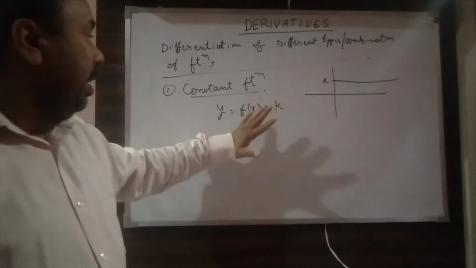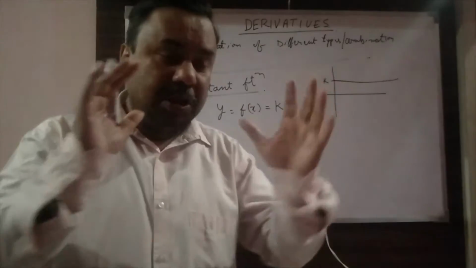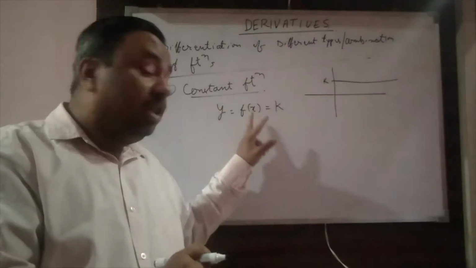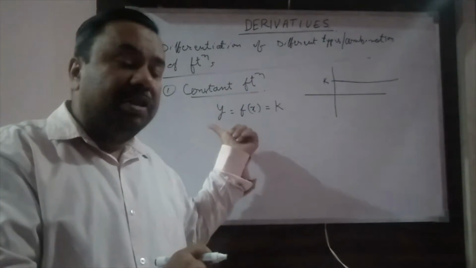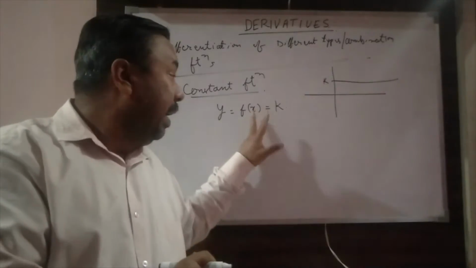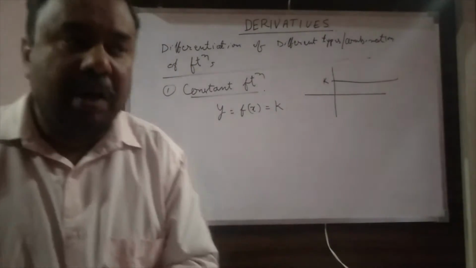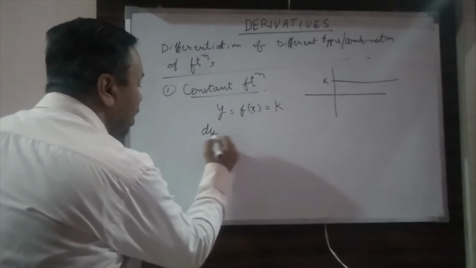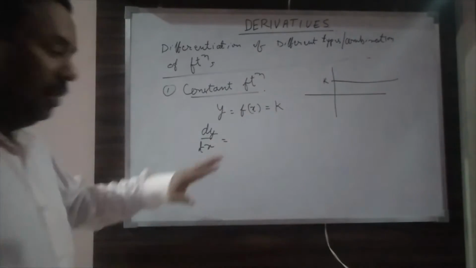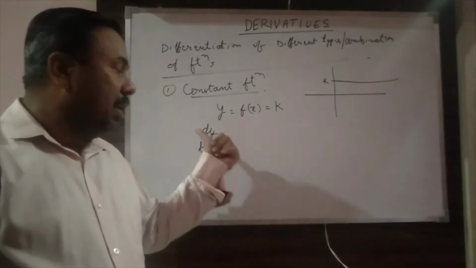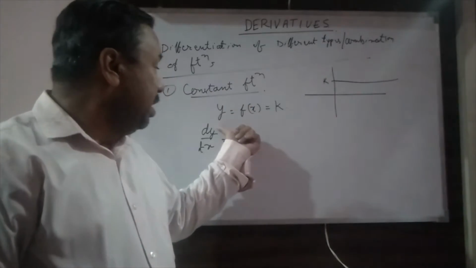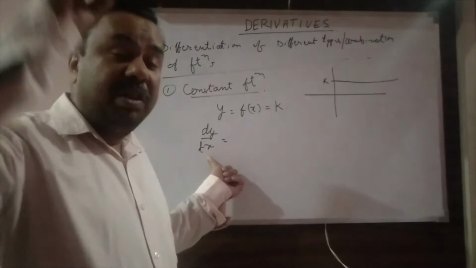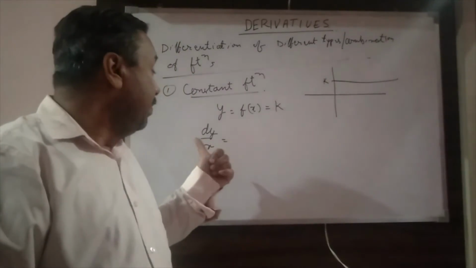Just listen to what I'm saying: what was the meaning of differentiation? It is the change in y with respect to a change in x. That is what we find when I say dy by dx. As per the concept, this is the change in the value of y due to an extremely small change in the value of x.